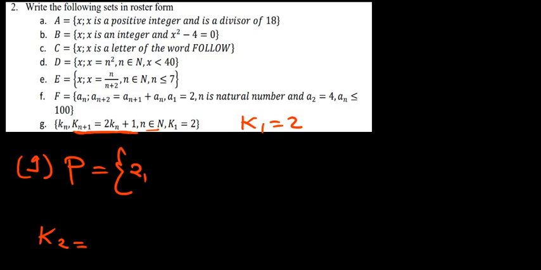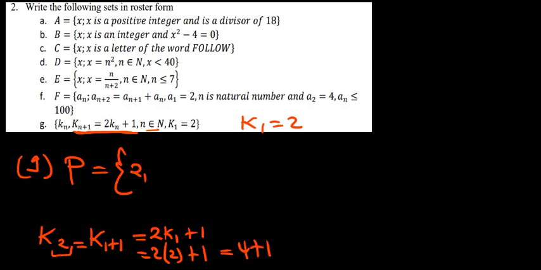So if I have a number here, I have to split it into something plus 1. So that k2 will just be k1+1, is equals to 2k1 plus 1. So this is going to be equals to 2 multiplied by k1, which is 2, and then plus 1. So that will be 4 plus 1, which will just be what? 5. So I'm going to say my k2 there is 5.